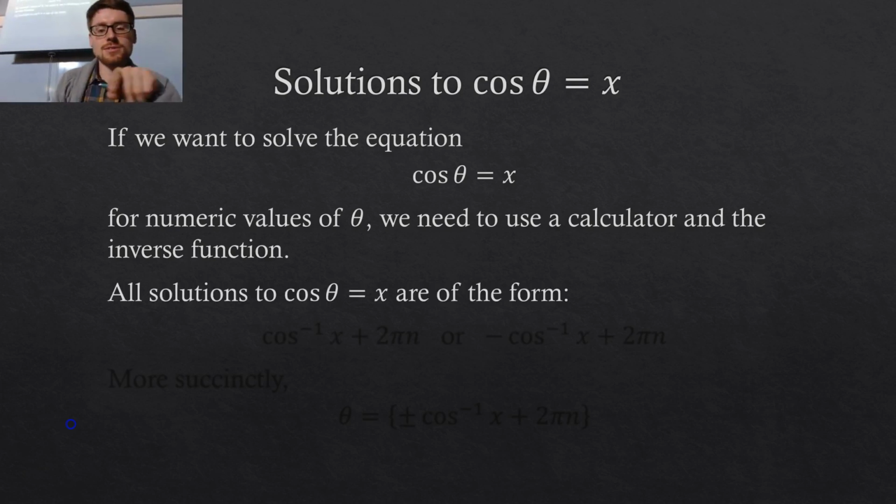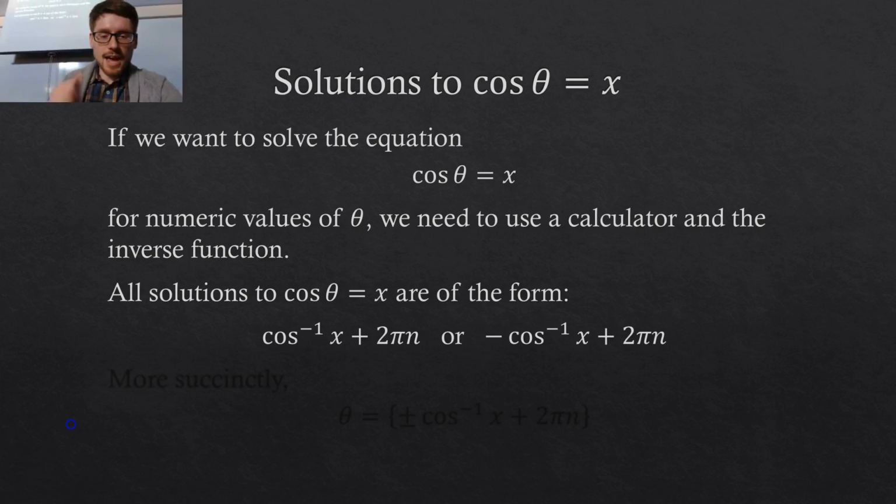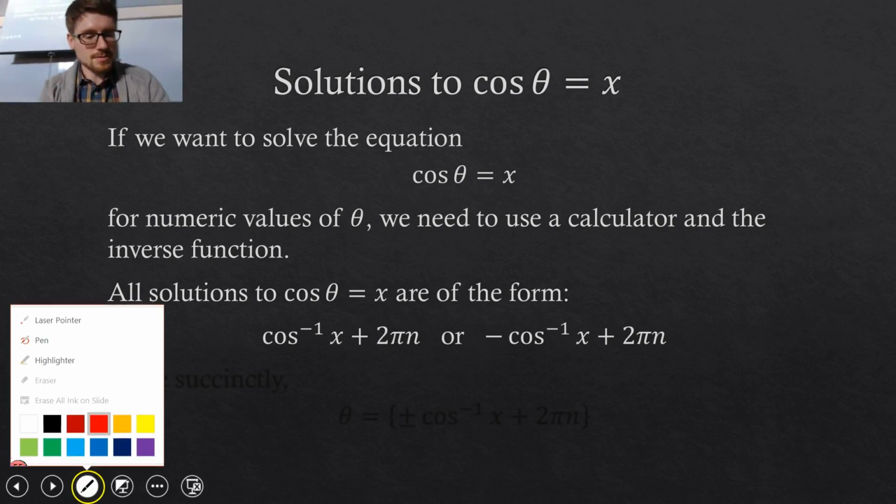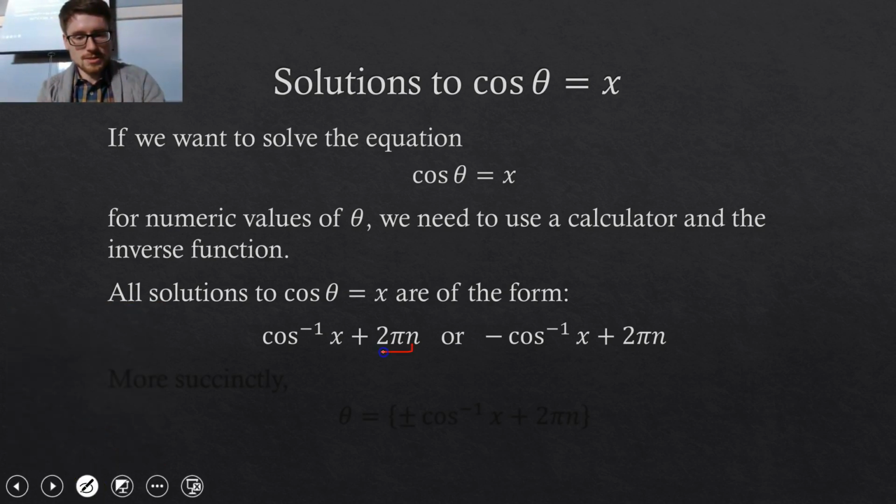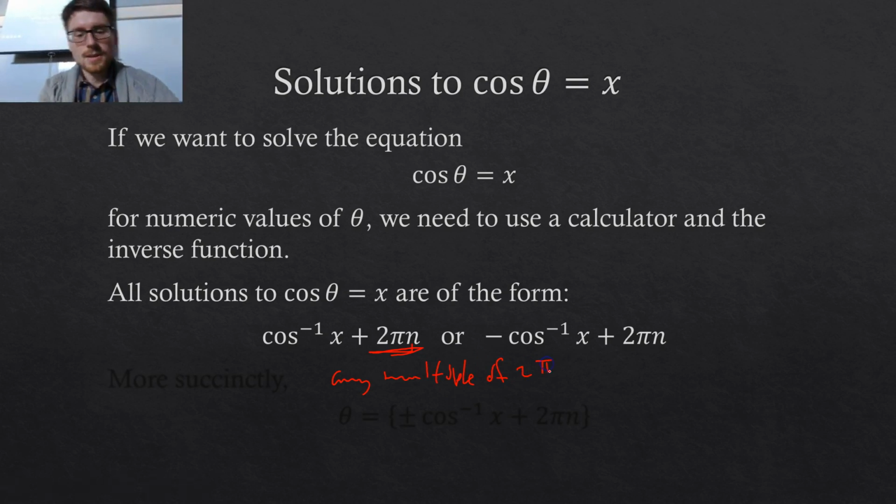All the angles that satisfy this equation are going to look like cosine inverse of x plus a multiple of 2 pi. That's what this 2 pi n means. So this means any multiple of 2 pi. So 2 pi n means you can just add another period and you're back to where you started.